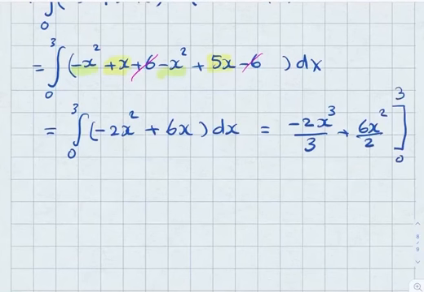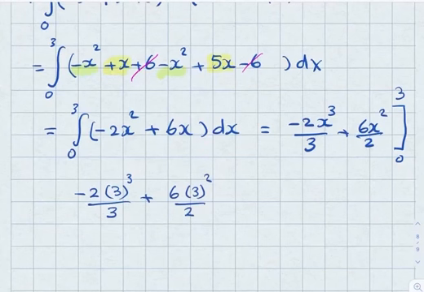Then we substitute the upper limit: minus 2 times 3 to the power of 3 over 3 plus 6 times 3 squared over 2, minus 0.